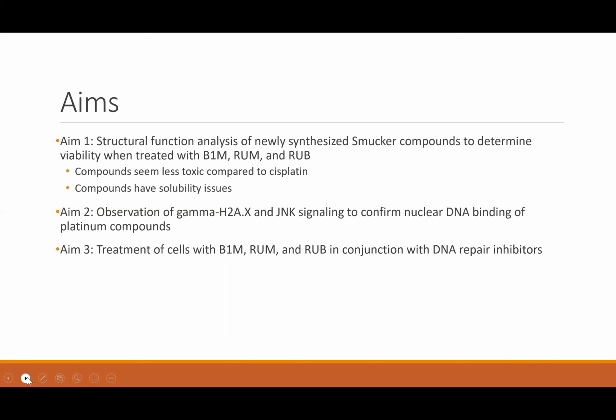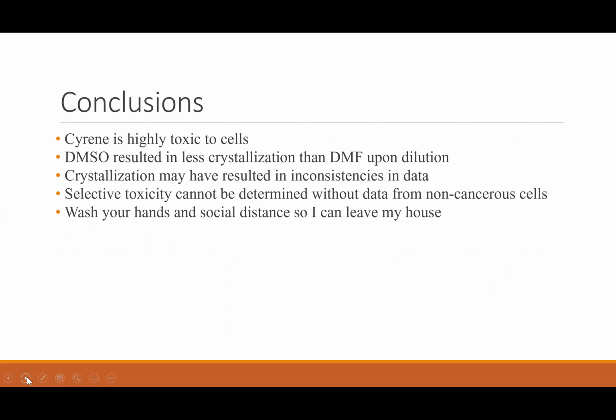So conclusions: Cyrene is highly toxic to cells. DMSO resulted in less crystallization than DMF upon dilution of the platinum compounds, which meant with DMSO there were more accurate results. This crystallization could have resulted in inconsistencies in the data, especially with DMF.